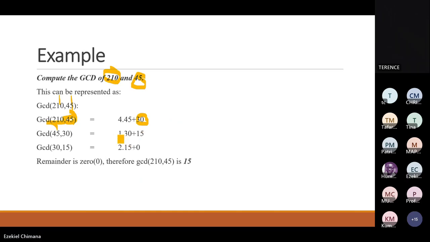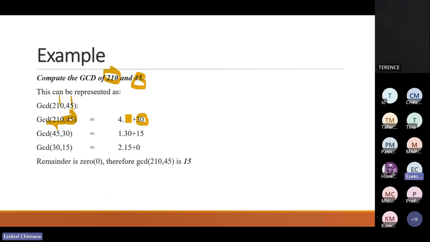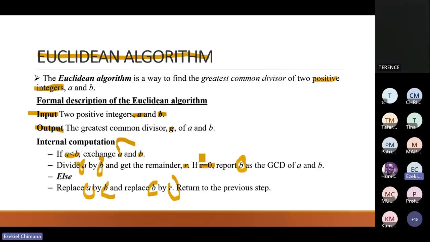Next, from the statement which says replace A by B and replace B by R. Here the remainder is 30, the remainder is not 0.